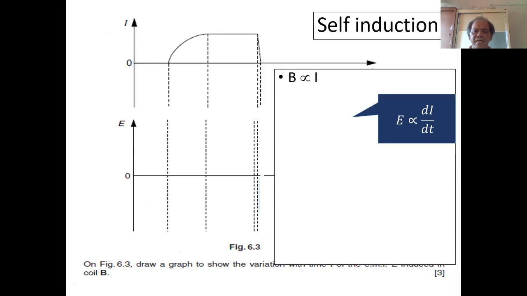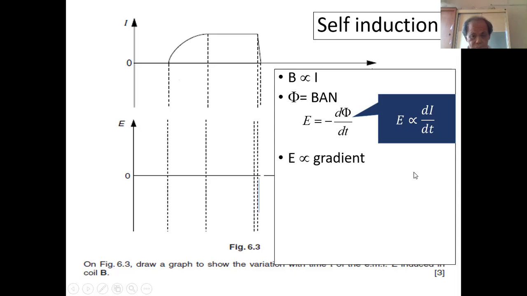Remember we say your B is proportional to I, and then we use Faraday's law. So we differentiate. The thing that's changing is the current, so it's dI/dt. So the E is proportional to the gradient, if you don't worry about the negative sign.